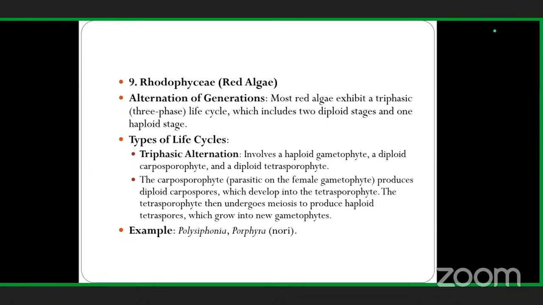So basically, after the gamete formation, there will be the formation of the carpospores, which are diploid in nature, and this carpospore again will develop the tetrasporophyte. The tetrasporophyte then undergoes meiosis to produce haploid tetraspores, which grow into new gametes. So there are 3 stages, that is triphasic. So example is Polysiphonia or Porphyra, that is nori. So this is uncommon.